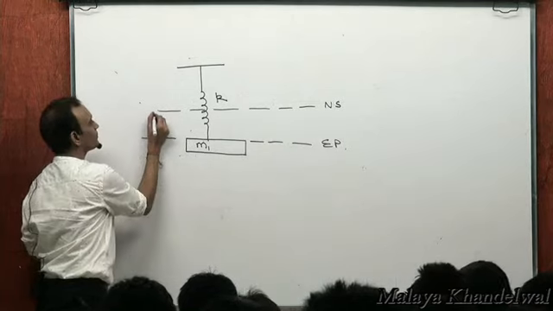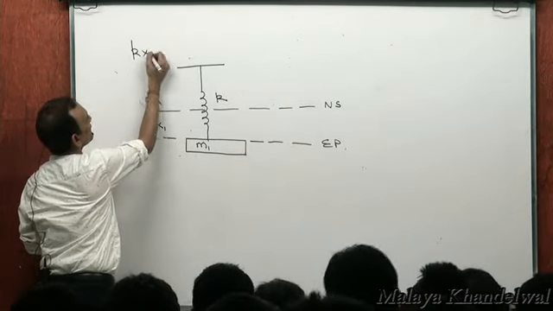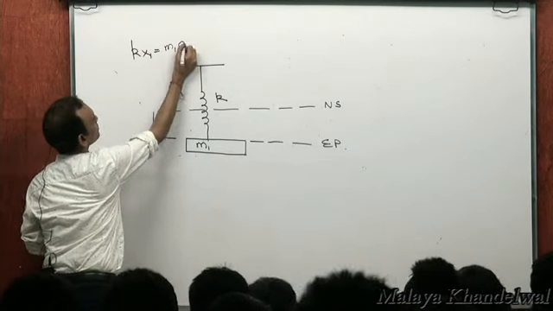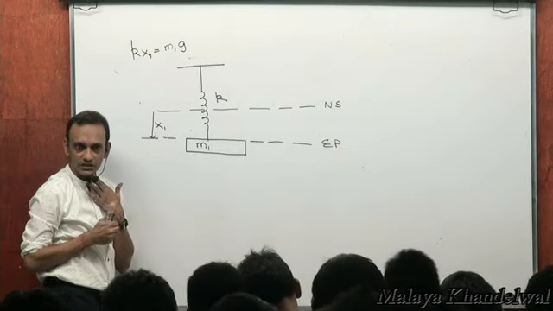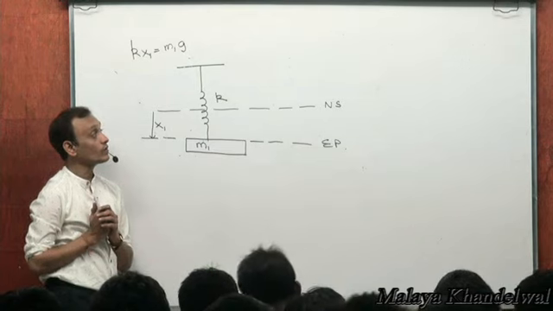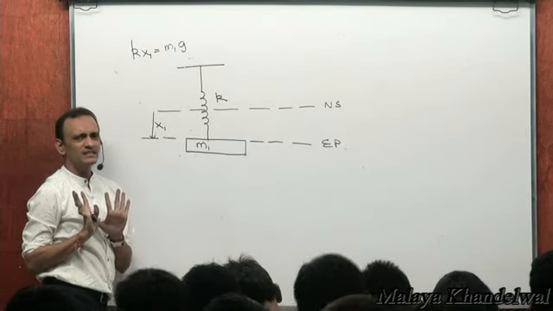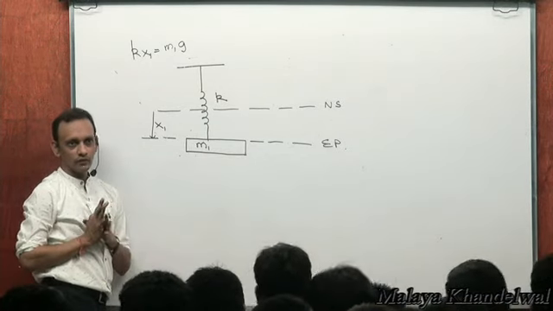With the mass m1, the spring has elongated by an amount x1 such that kx1 is m1g. That is what brings it to this equilibrium position, isn't it? And it's sitting there at rest, doing nothing. Okay.